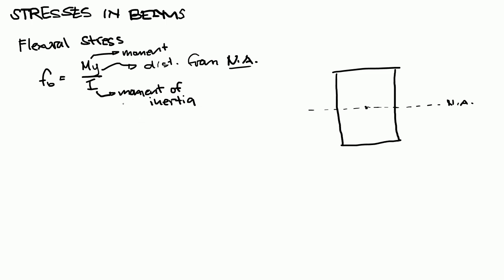Now, the moment of inertia is referred to this neutral axis, pati yung y referred din sa neutral axis na yan. So, for example, if I have a point here, let's say this is a fiber A, and this is the distance from the neutral axis. Ito yung y doon sa formula natin.